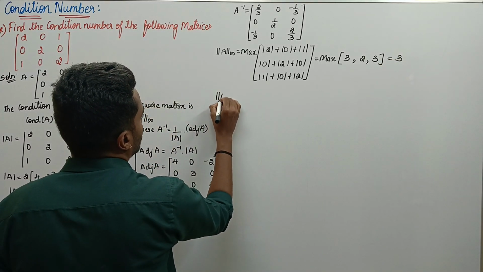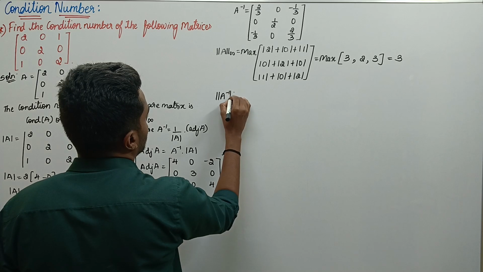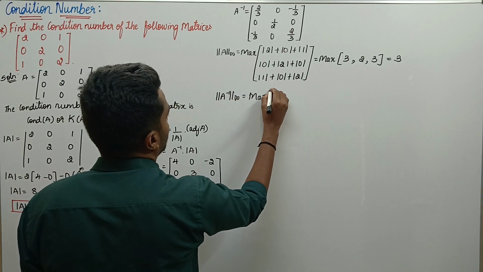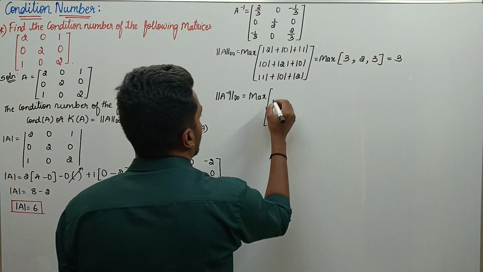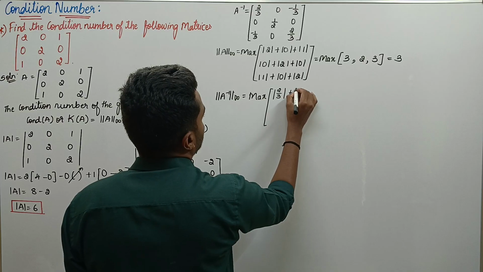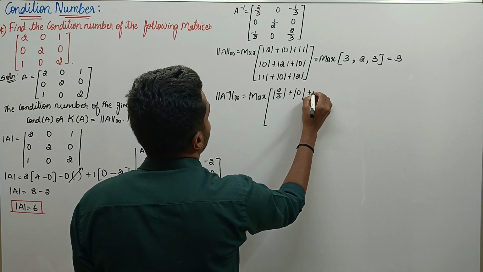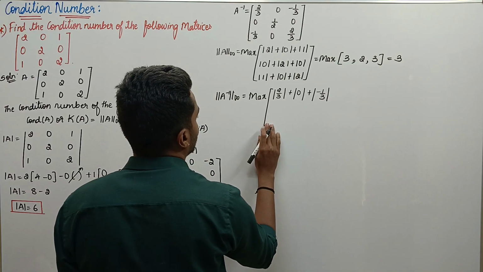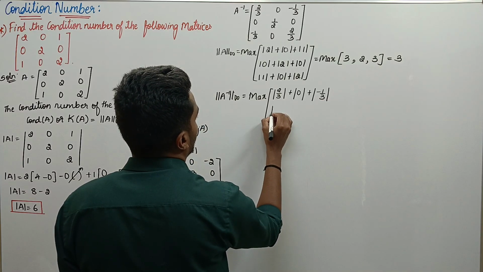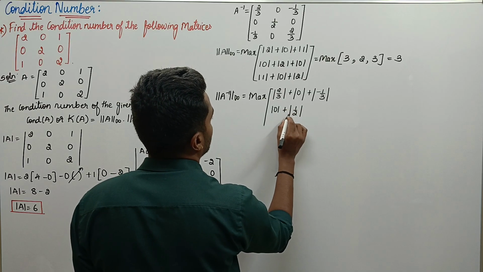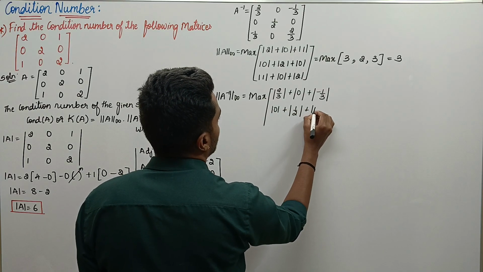Similarly, norm A inverse infinity is equal to maximum of modulus 2 divided by 3 plus 0 plus modulus minus 1 by 3. Then next modulus 0 plus 1 by 2 plus 0.